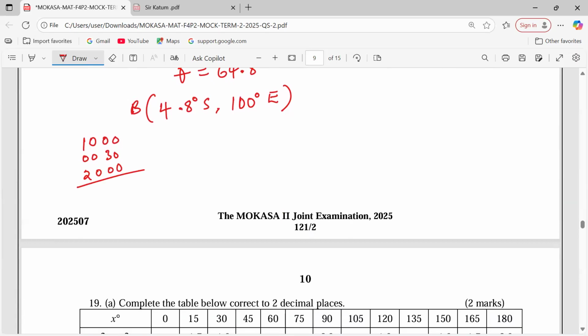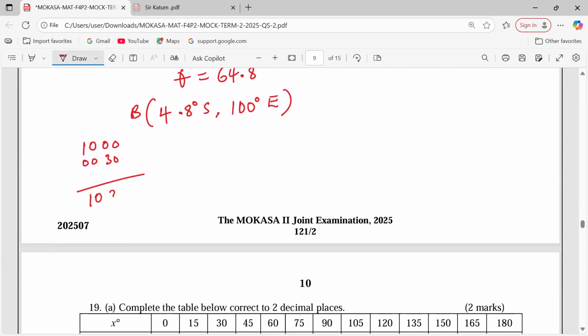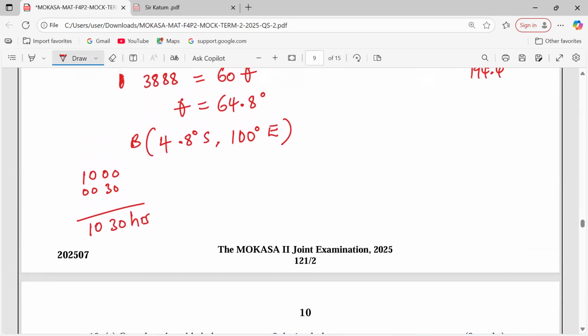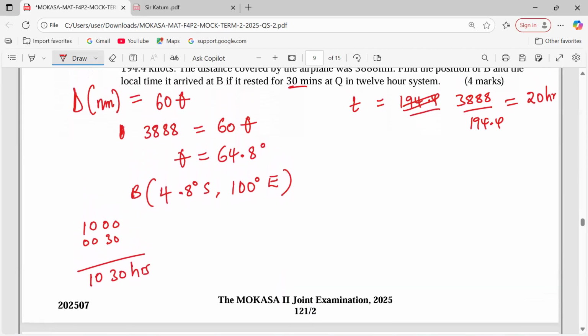So first, before the 20 hours, we have 10:30 hours, this is because of the stoppages. But now we add 20 hours, which were taken for the journey, the 20 hours consumed in the journey.